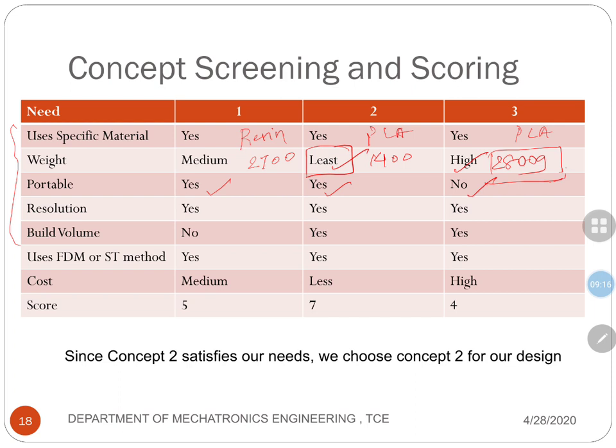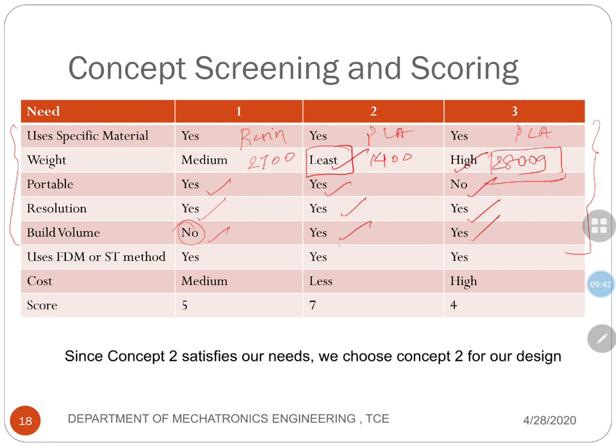Resolution: this one has a resolution of 100 microns, and this has 100 to 500 microns. Build volume: this one does not have the build volume of 10 centimeters in the x-axis, as we have seen. These are the requirements of our need.